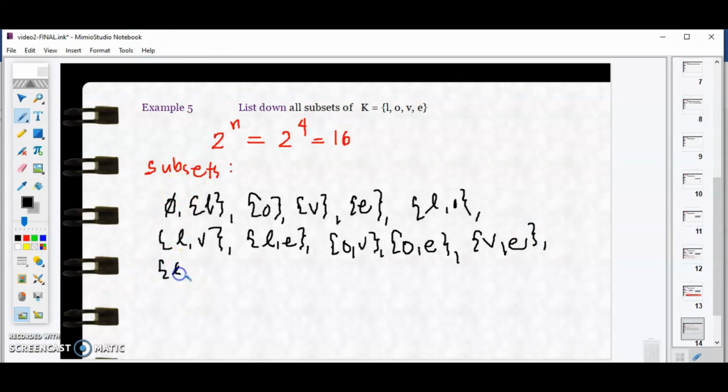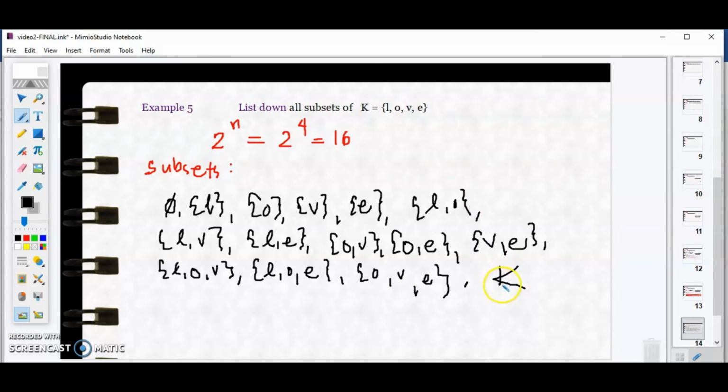Set of L, O, V, set of L, O, E, set of O, V, E. Mayroon ba tayo dyan? So, ilan na yan? 2, 4, 6, 8, 10, 11, 12, 13, 14. Okay? Dalawa na lang. We have the set K.